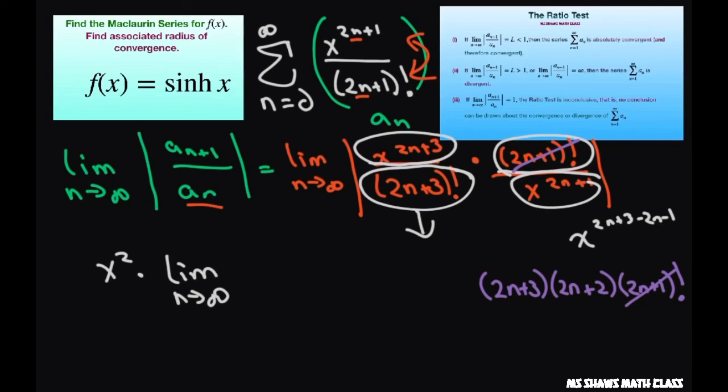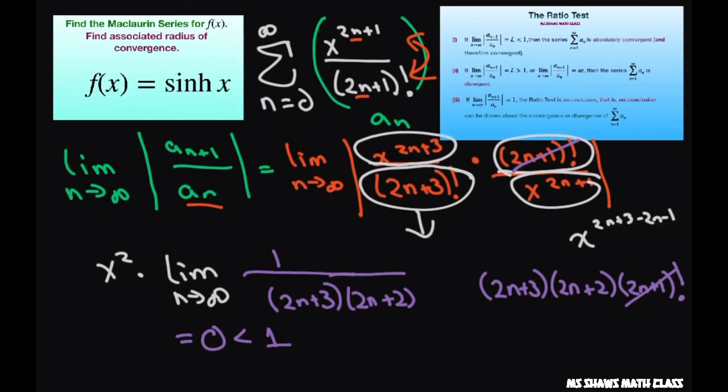So we're left with 1 divided by 2n plus 3 times 2n plus 2. And as you take this limit, this is going to equal 0. And that is less than 1 for all x. So our radius of convergence is infinity.